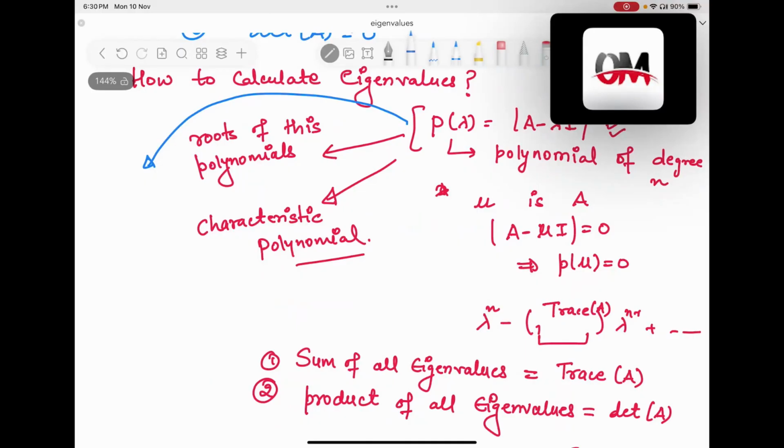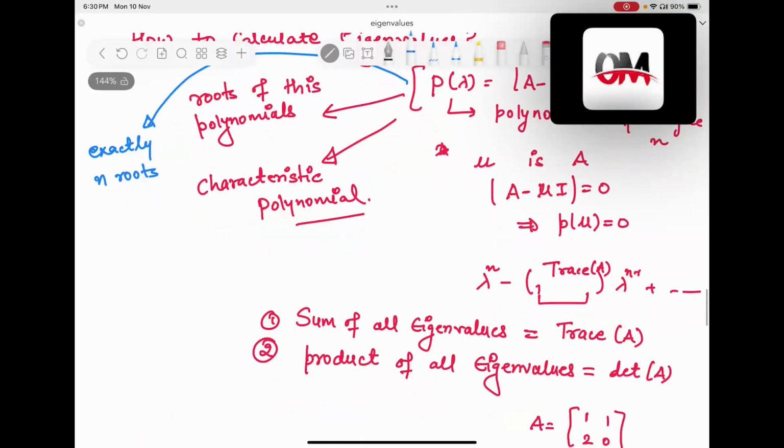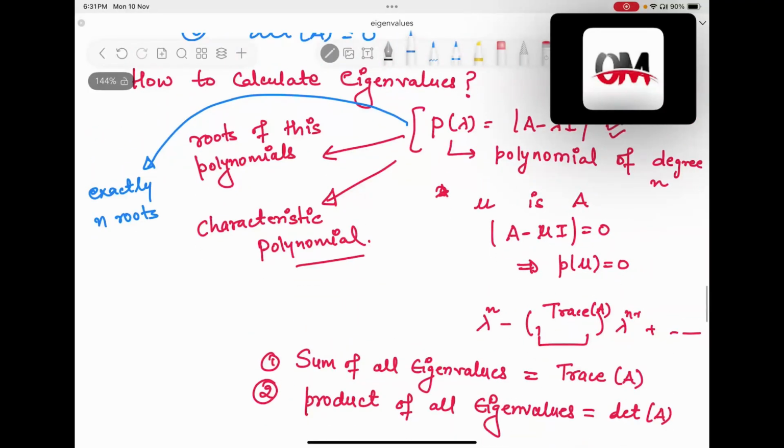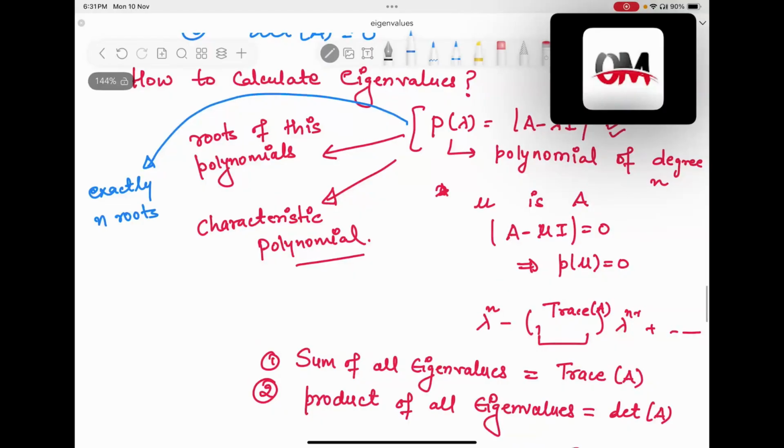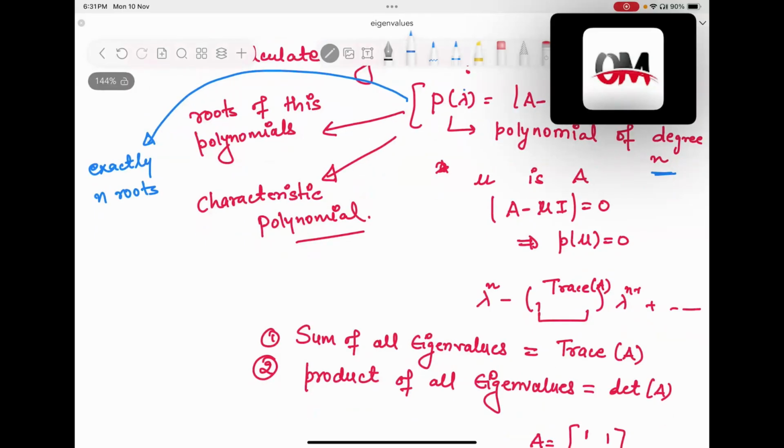Since the degree is n, it can have exactly n roots. Now you need to be careful here, because you are using the fundamental theorem of algebra. It is a polynomial of degree n, and you are saying exactly n roots. This is only applicable if you are allowing your lambda to be a complex number. If you are only looking for real eigenvalues, this P(lambda) may not have any root.